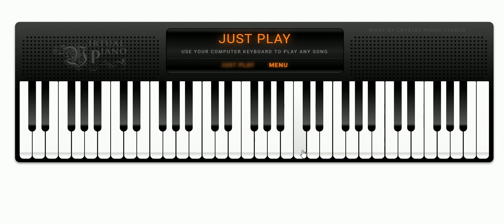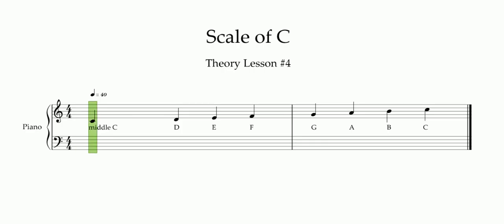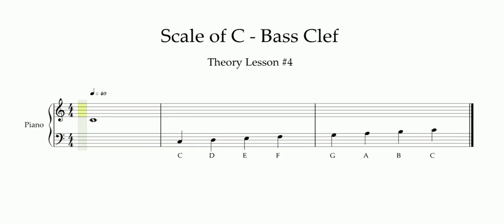Here is how it's going to look on a score in the treble clef starting on middle C. You will recall that we also had a C in the bass clef.